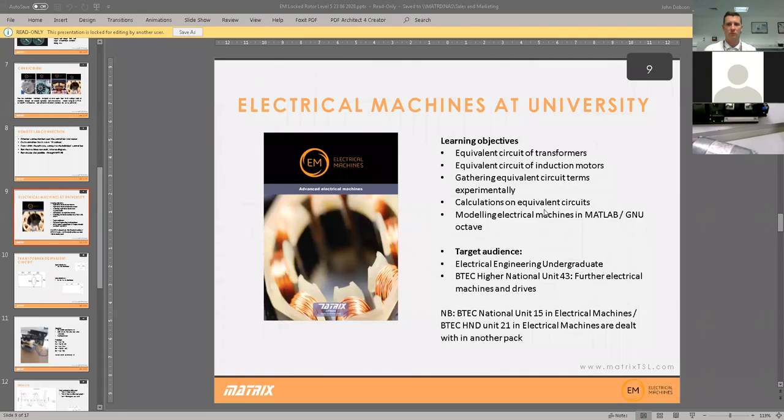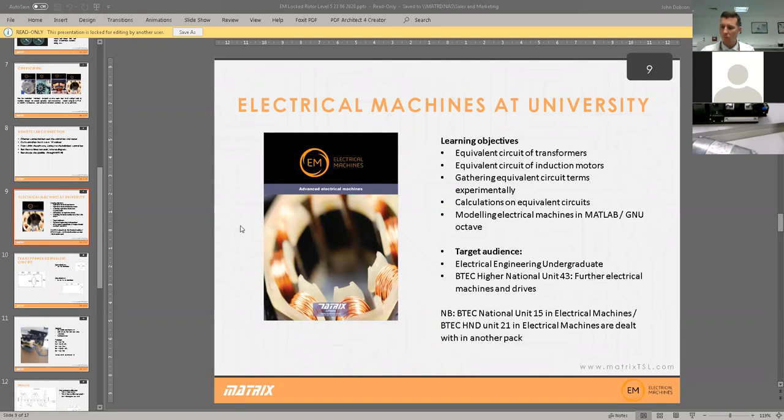We're using a package called GNU Octave. It's an open source free mathematical modeling package, but MATLAB and GNU Octave essentially perform the same function as far as we're concerned. And this is an undergraduate product.